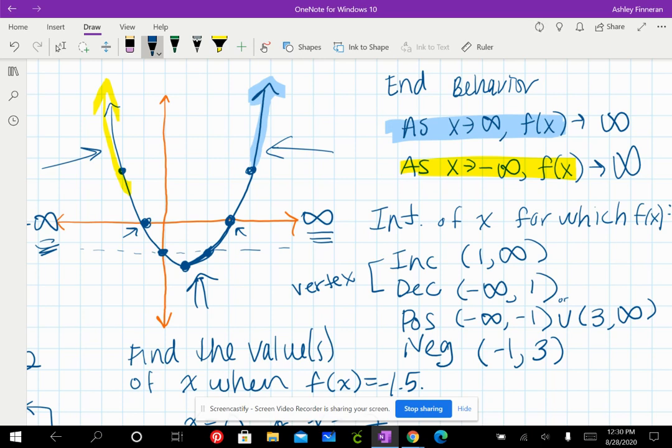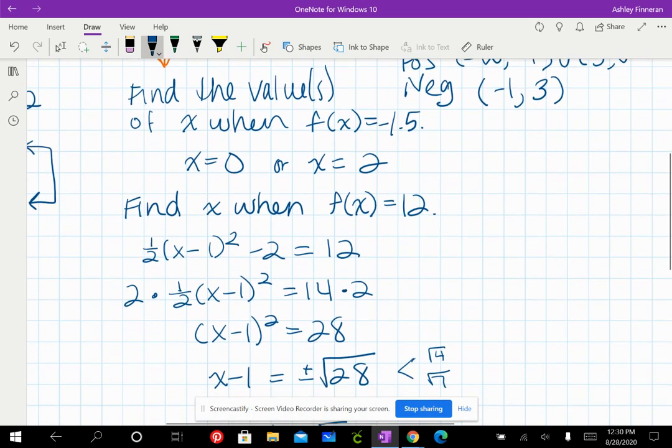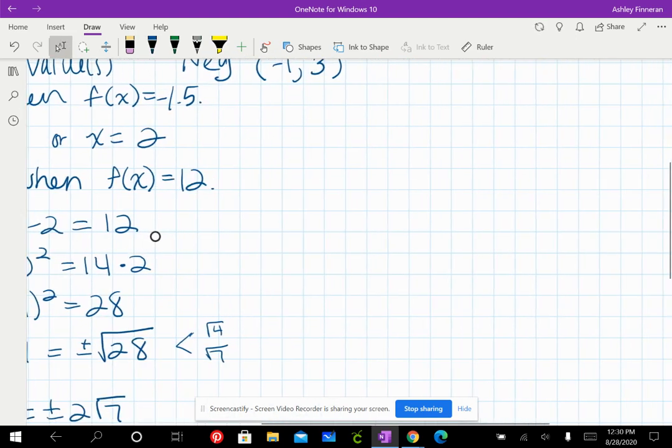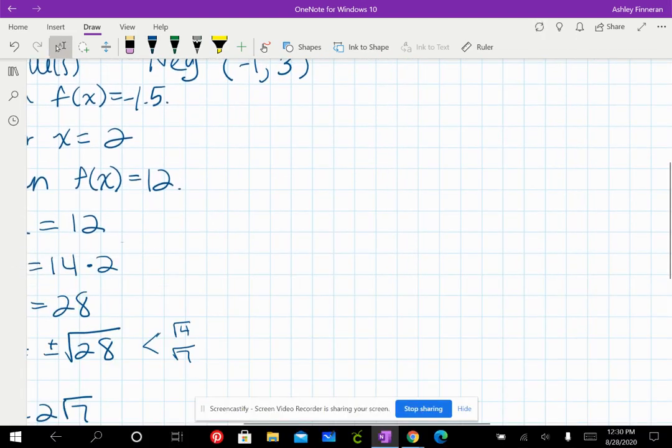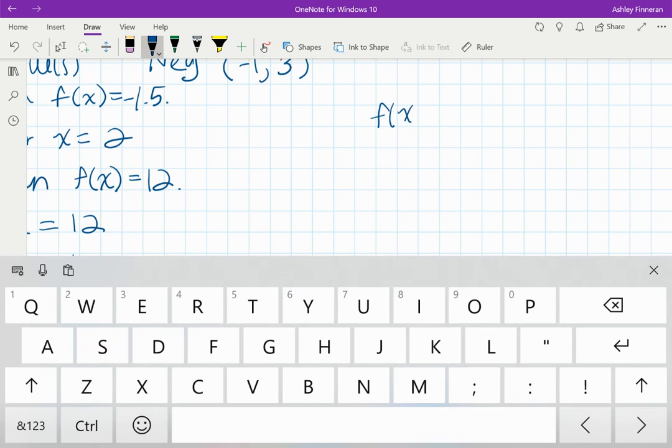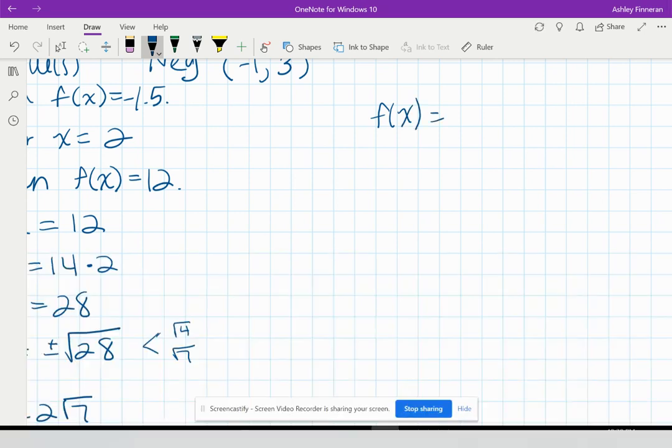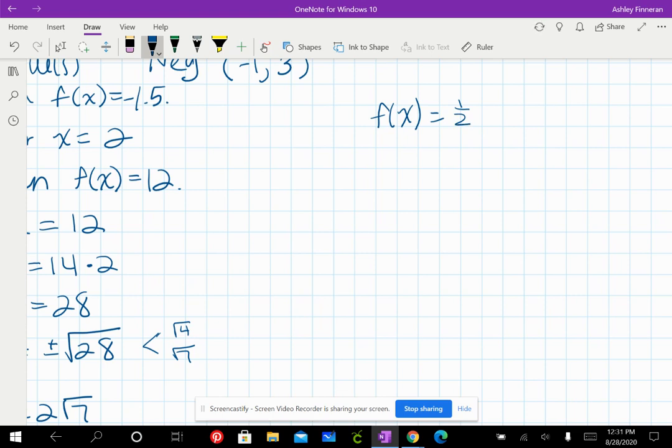All right, I want to do one more thing with this function, and I want to write it in standard form. You have done this before, but I want to just practice it some more. So we have 1/2 times x minus 1 squared, which we know means x minus 1 times x minus 1, and then minus 2.